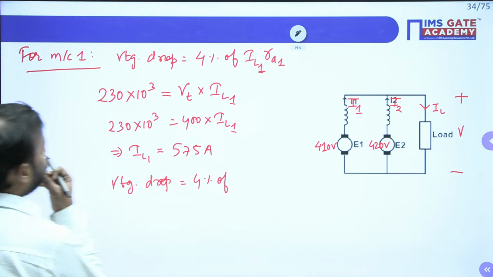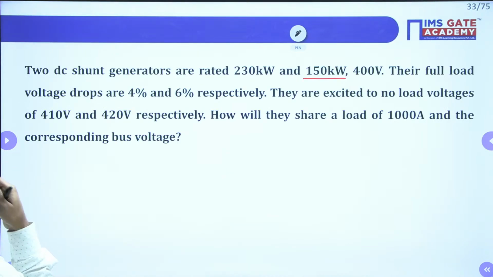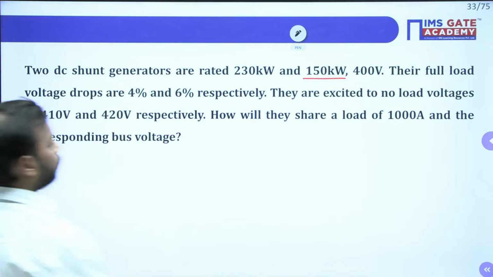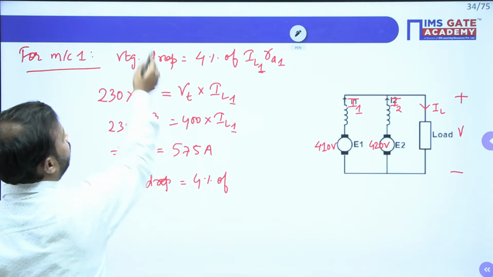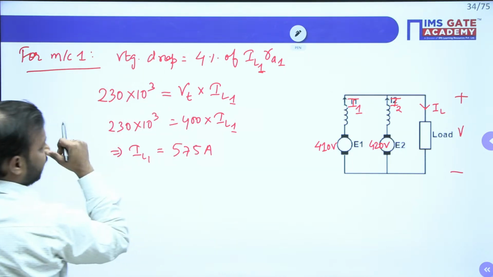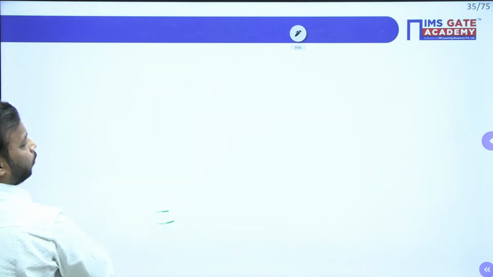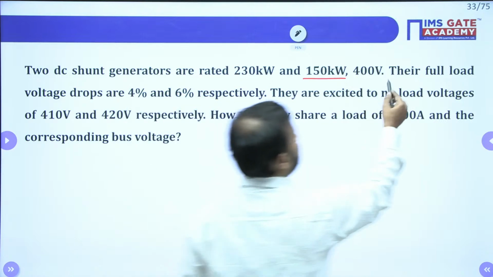IL1 is unknown, so what can we do here? One thing we can do: the voltage drop given in the question is with respect to full load current.